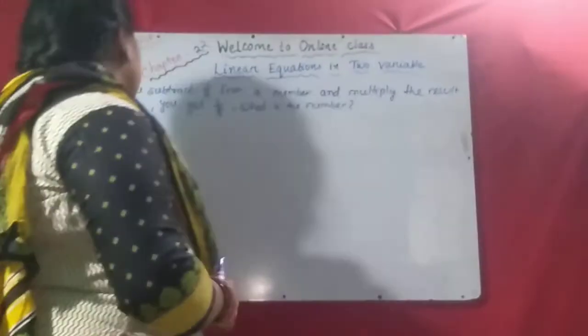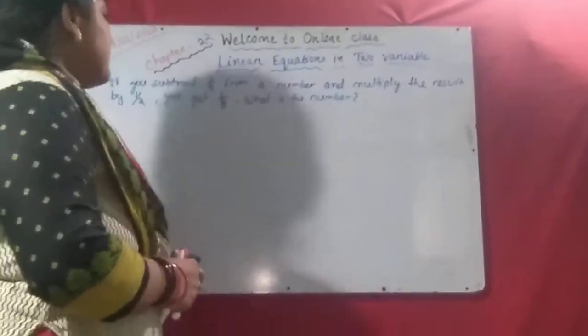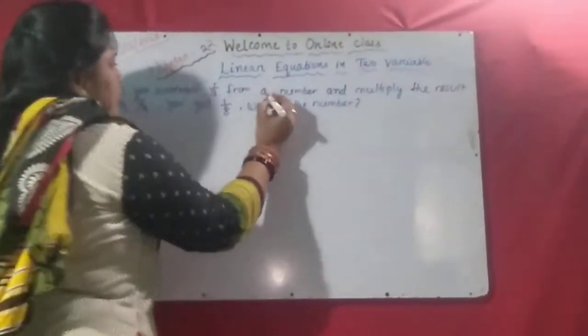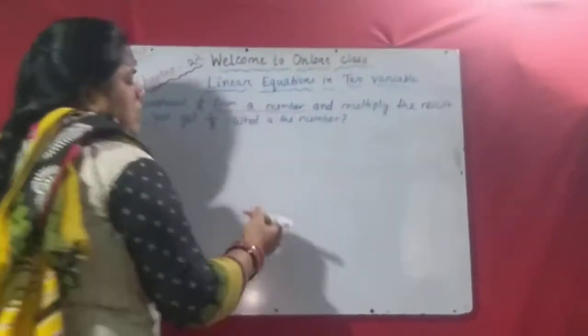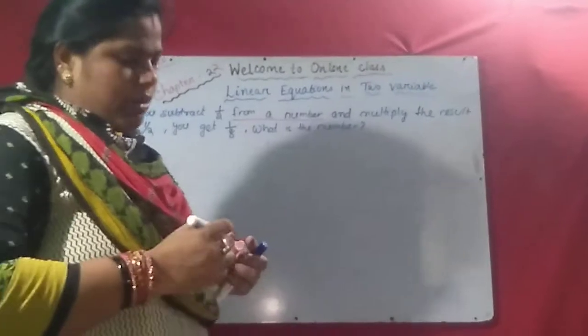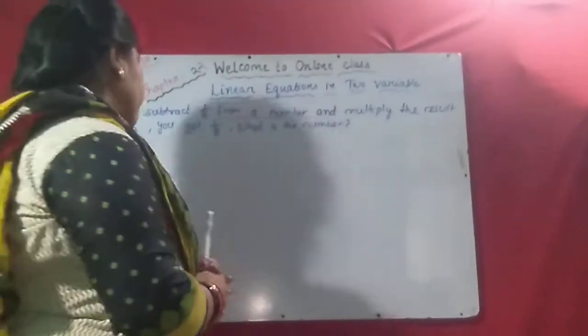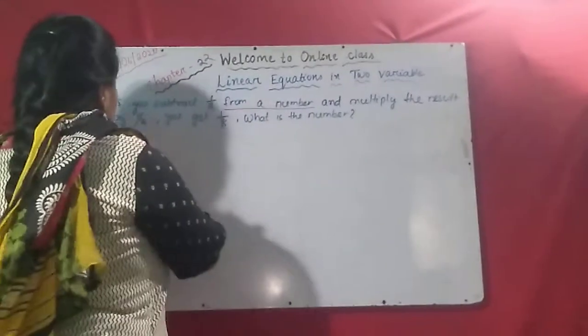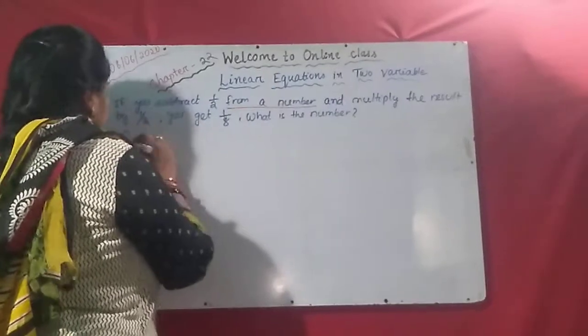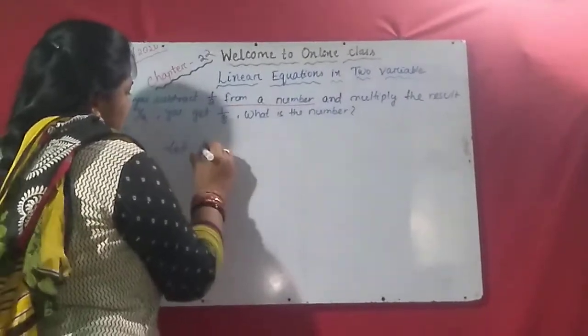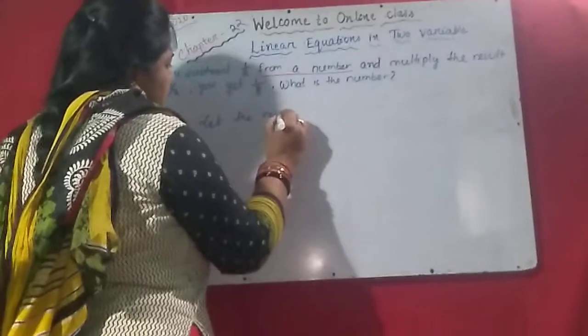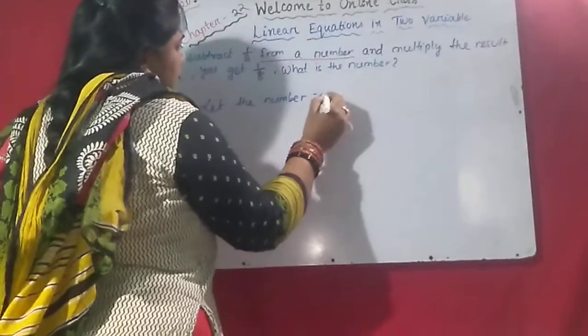First, it is given: if you subtract half from a number. What is the number? You don't know, so let the number equal x.